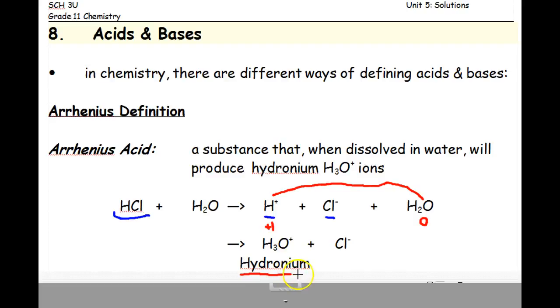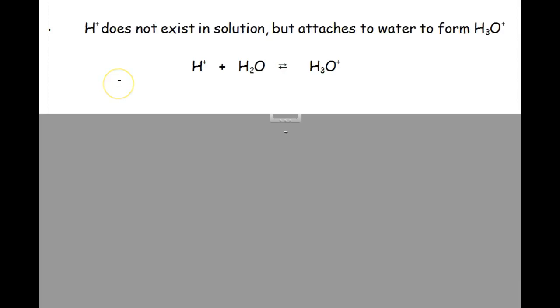So the hydronium ion is the ion that forms when a hydrogen ion joins with water, forming something with the chemical formula H3O+. Just to recap, H+, my hydrogen ion, is not going to exist in water, but it's going to join with our water molecule, forming our hydronium ion.